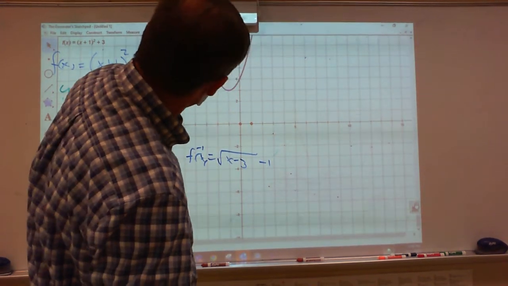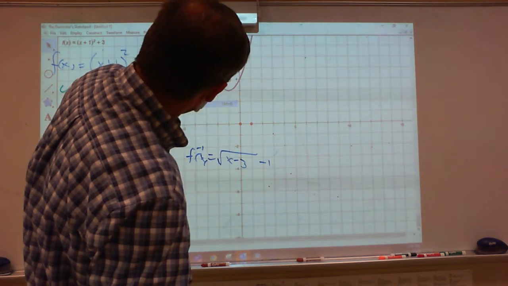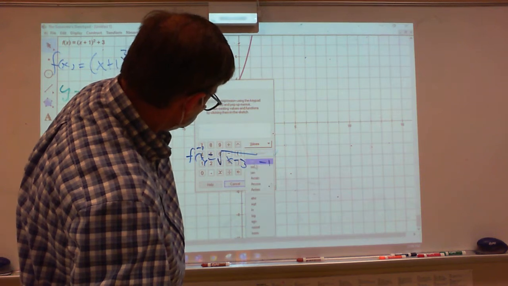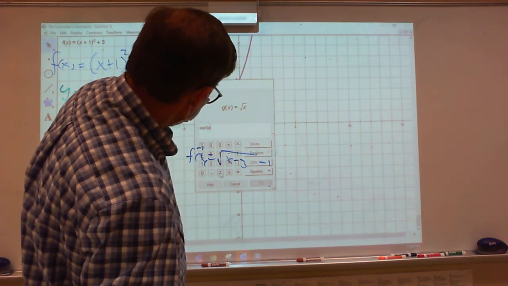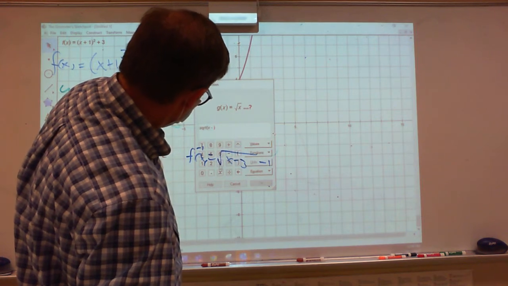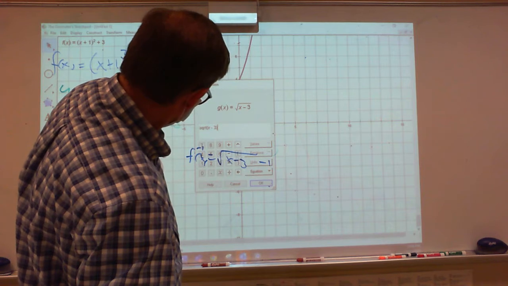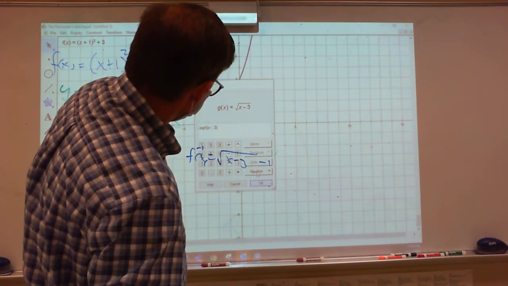I'm fine with that. Now I want to graph. Plot a new function, and my new function is going to be, let's see, the square root of x minus 3, minus 1.